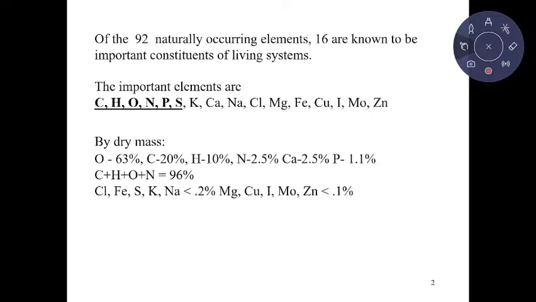Proteins are 10 to 15%, carbohydrates 3%, lipids 2%, nucleic acids 5 to 7%, and ions 1%. So the order is water, proteins, carbohydrates, lipids, nucleic acids, ions. We need to know this, because for competitive exams they may ask.